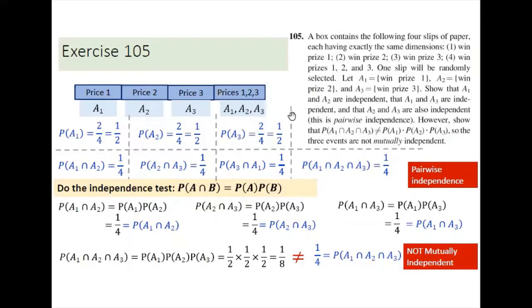So the probability is 1 slip from 4 possible slips. But the product of the individual probabilities of A1, A2 and A3 is not equal to the probability of the intersection of A1, A2 and A3. So A1, A2 and A3 are not mutually independent, but they are pairwise independent.